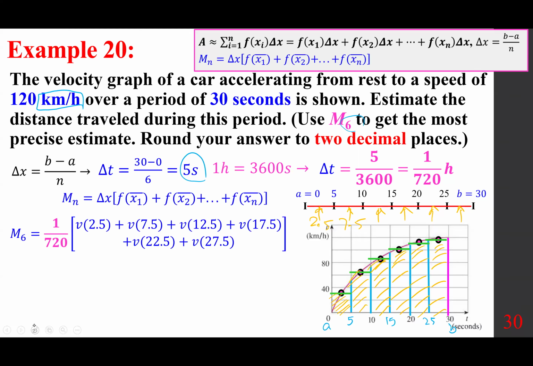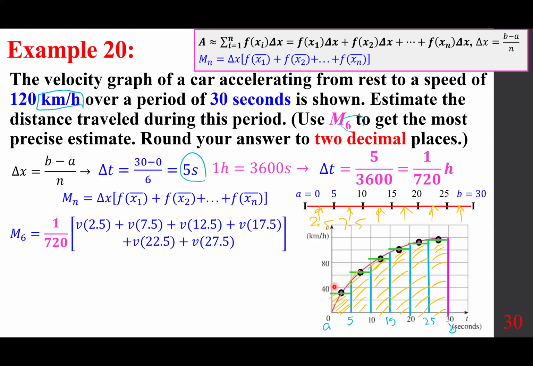So 1 over 720, that's your delta t, or delta x, in this case delta t, and v of 2.5, which means you have to estimate that from the graph. You don't have to worry about it too much for the exam. It's very easy to read. The idea is that from here, you read this height, because you want the functional value at this point.